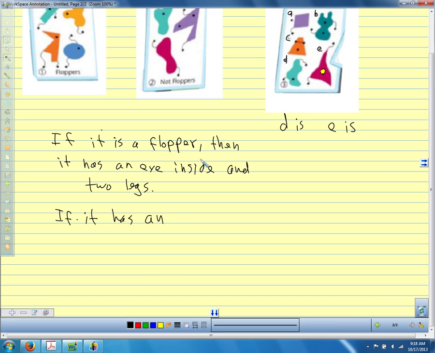So what do we do for a converse? If it has two legs and an eye, then it is a flopper.